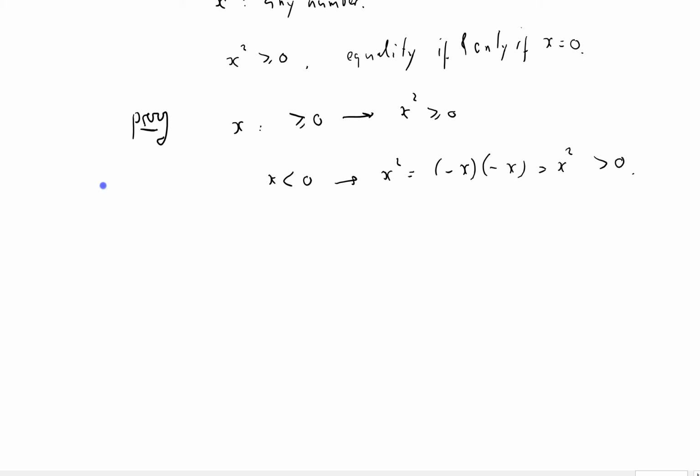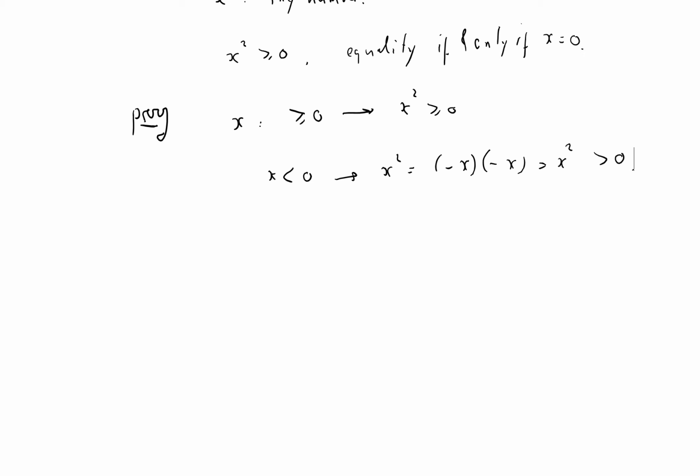The proof is rather messy. You just have to split the real line into positive and negative bits, each bit of which gives you the same conclusion. You can see it a lot more easily by plotting it like that.